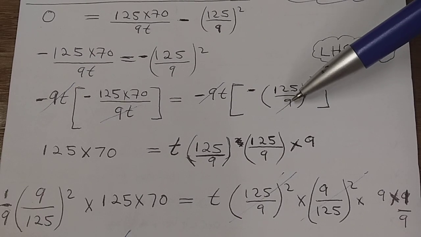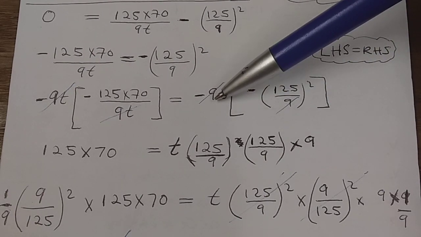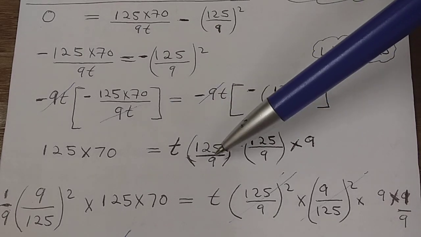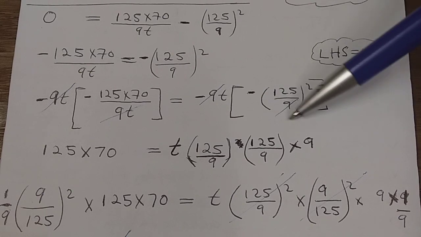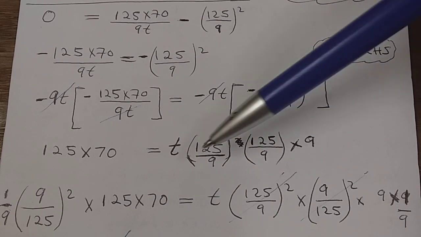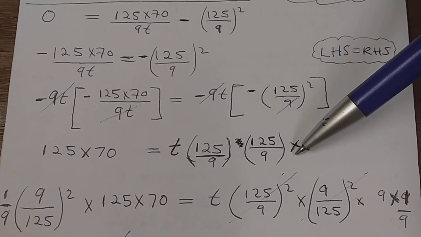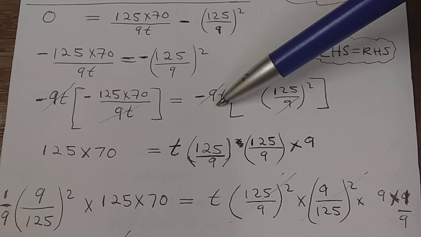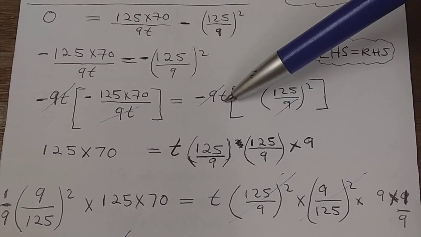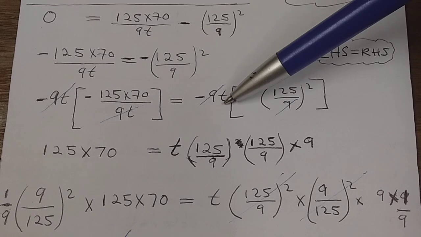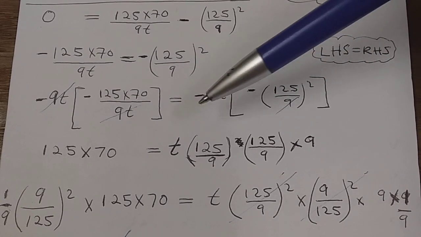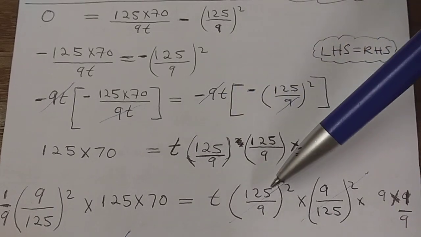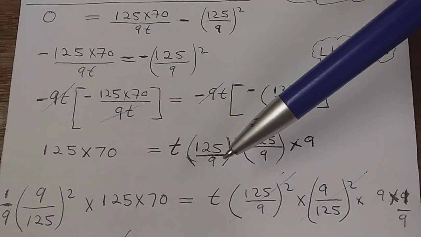Remember, this 9 is a square, so you cannot cancel these two. So that's why I wrote this bracket as two brackets, which is that times that, times this 9 times the t. And the positive, obviously negative times negative becomes positive. So we don't have any negative now.